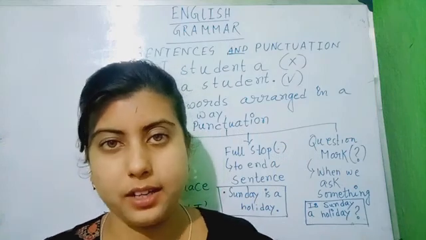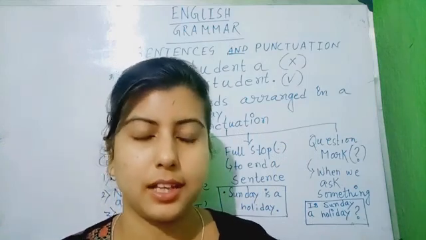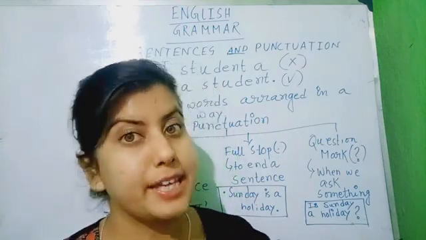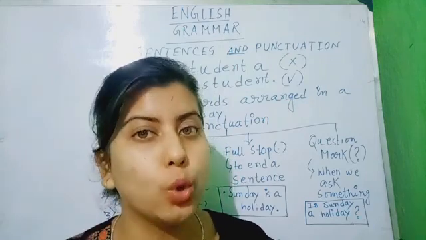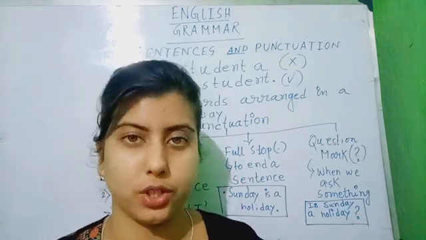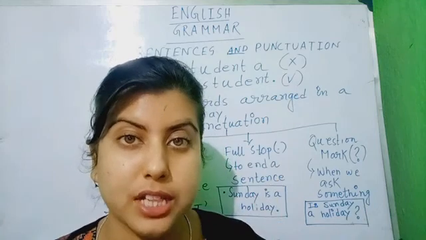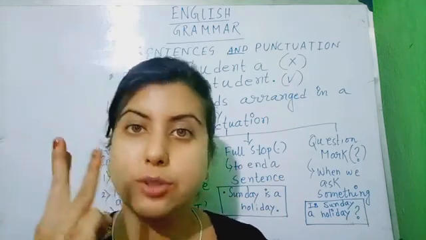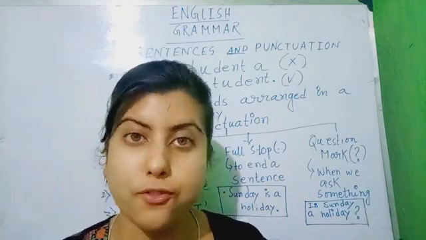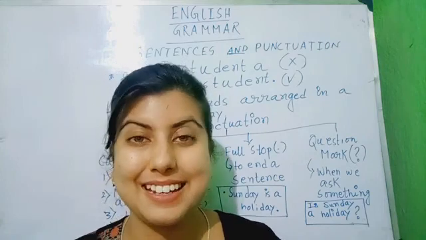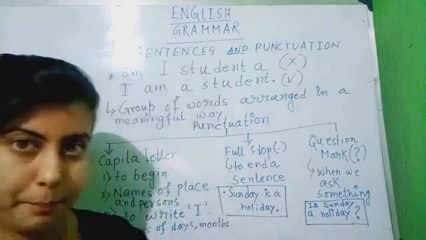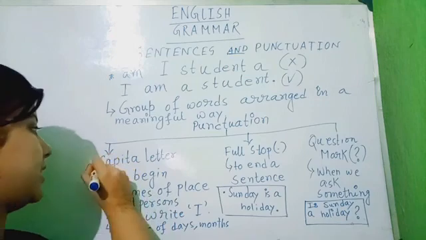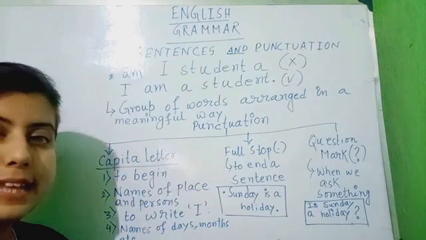Now children, in class 1, you have 3 rules of punctuation. So we will talk about 3 rules of punctuation. Let's look at them. The first one is capital letter.